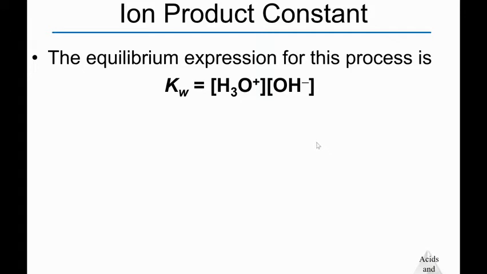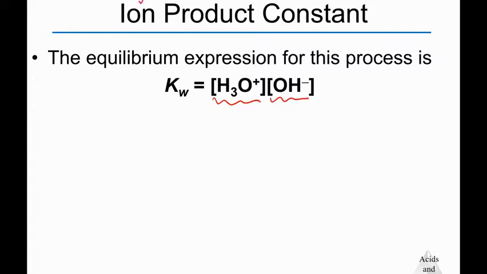Because of that, we have what we call an ion product constant. And you guys will love this because it looks really similar to the solubility product constant that we've already talked about. So the equilibrium expression for this is Kw, which is going to be your equilibrium constant for water, equal to the concentration of hydronium ion times the concentration of hydroxide ion.